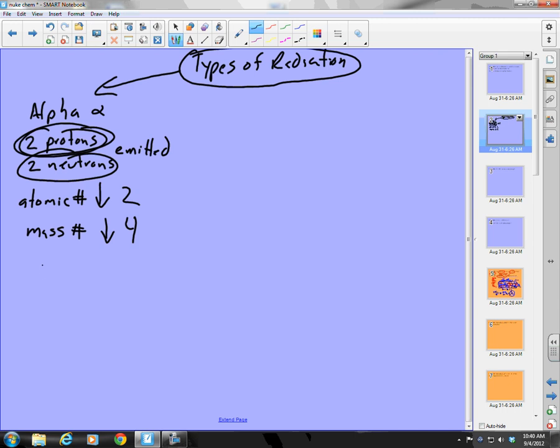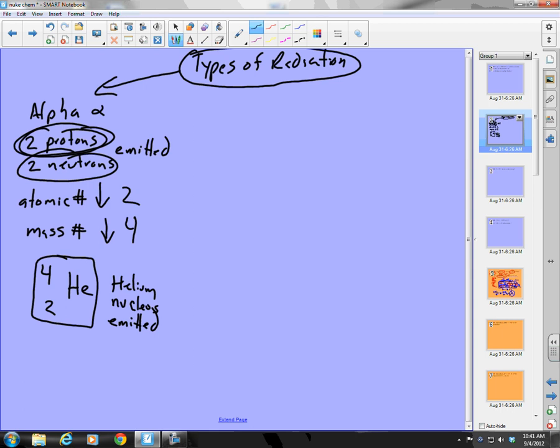Well, we have mass number 4, atomic number 2, and that's He, and so what we say in alpha radiation is that a helium nucleus has been emitted. That's what happens during alpha radiation.